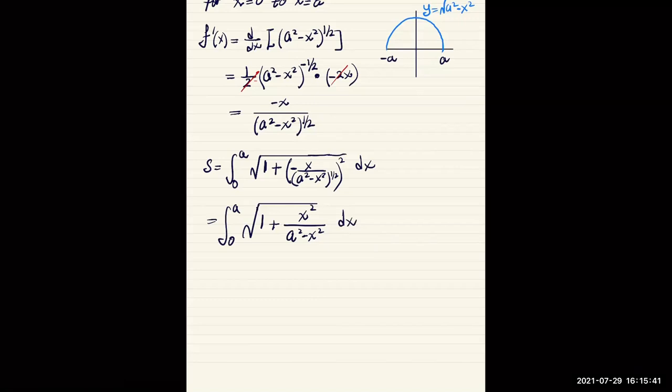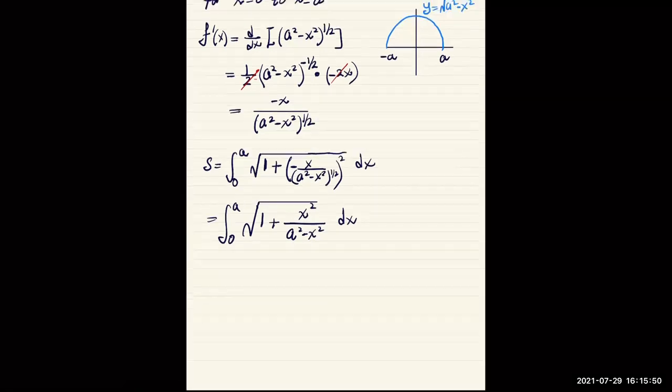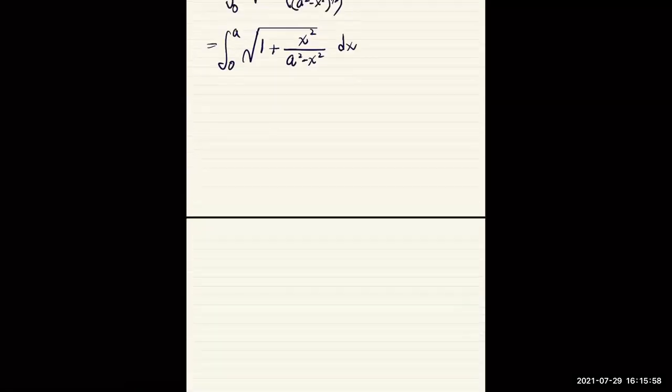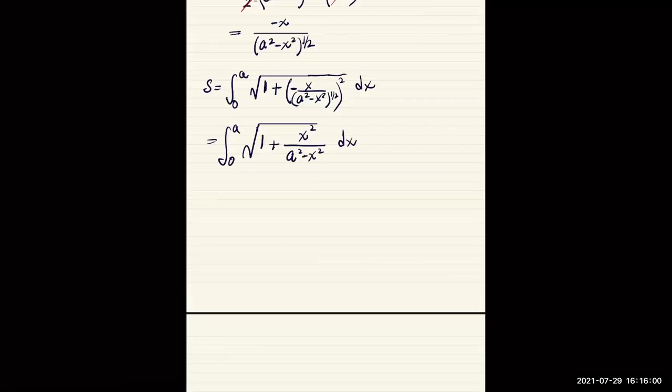Okay, so that thing is the square of the derivative. So what do we do next? Well, we got this integral to deal with, okay? And again, integrals are almost impossible to do, almost always. So let's see if I can simplify this maybe a bit.